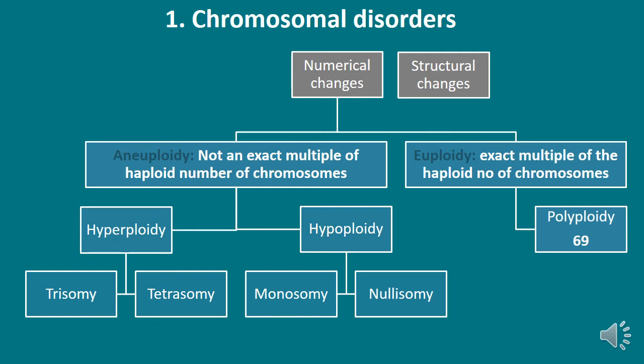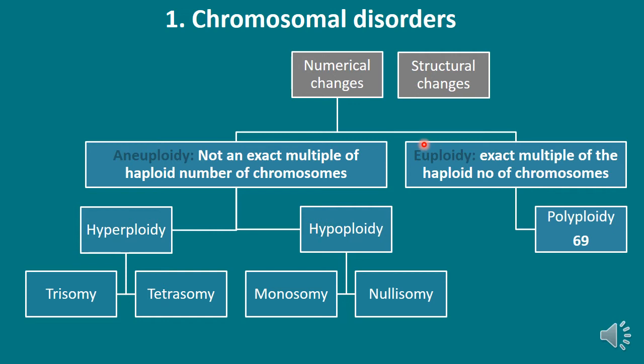If this increment or reduction occur in multiples of the haploid number of chromosomes, that is 23, the defect is called euploidy. For example, if a single ovum is fertilized with two sperms, the resulting organism will have how many chromosomes? 69 chromosomes.